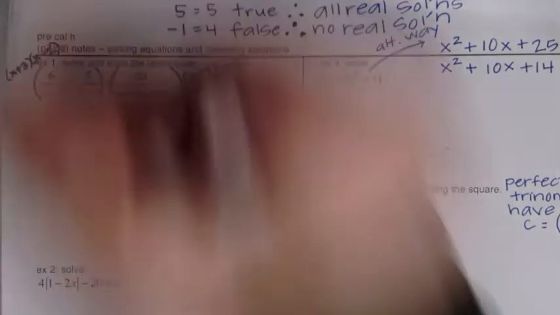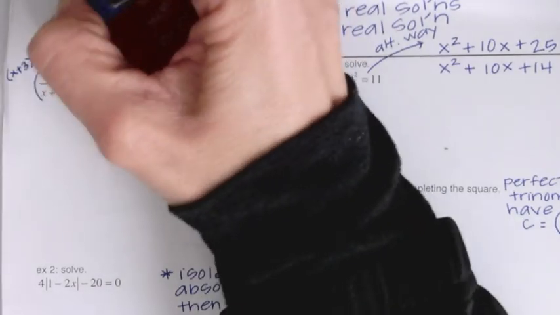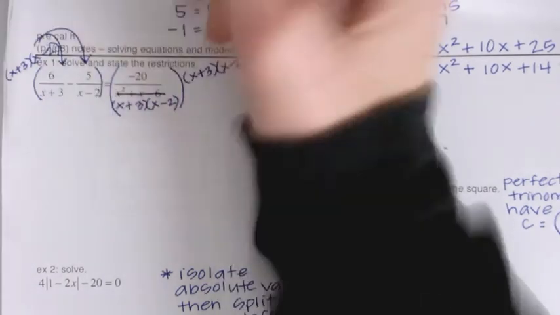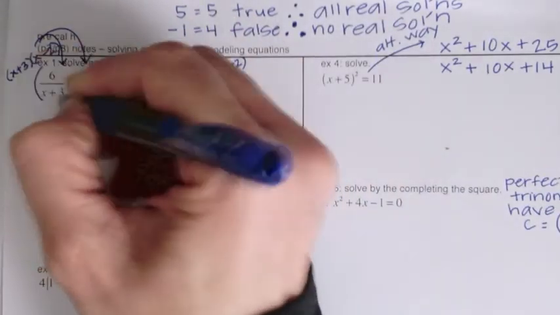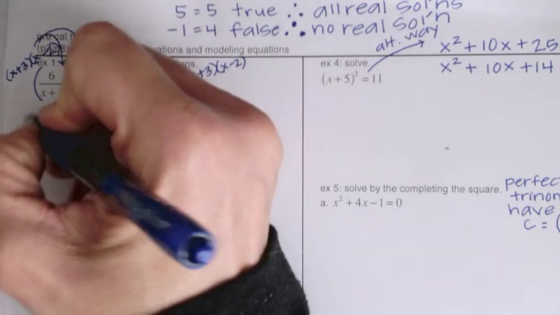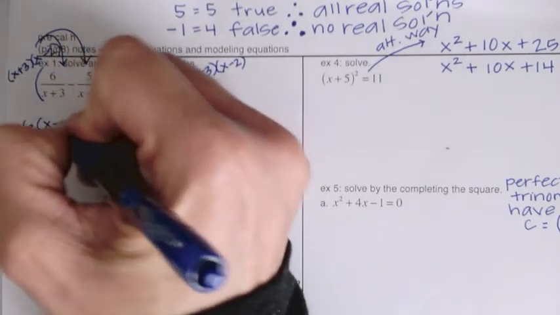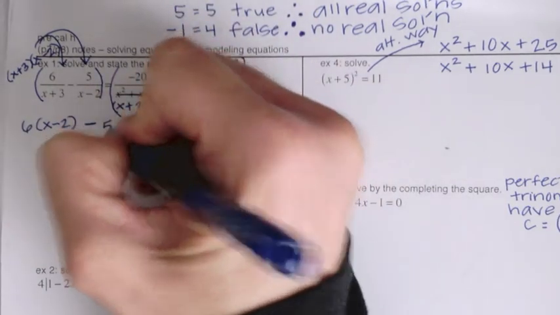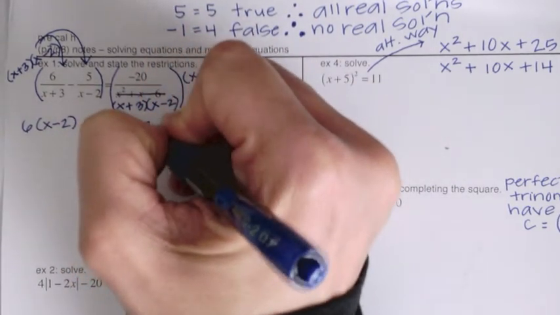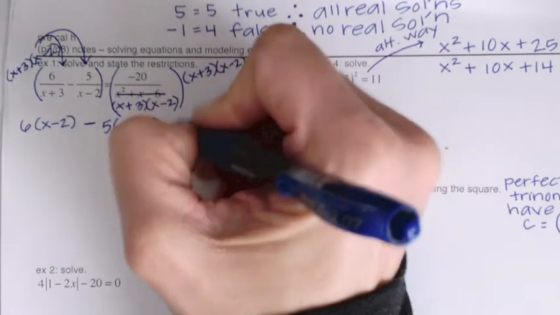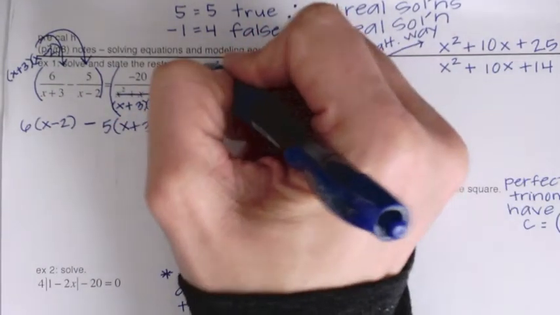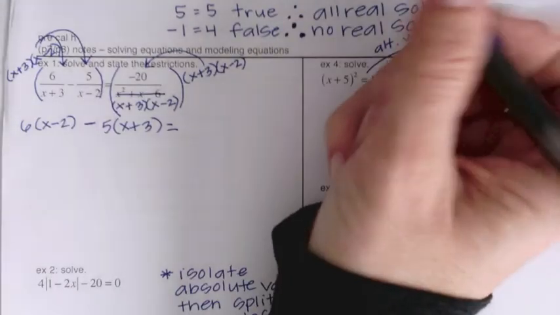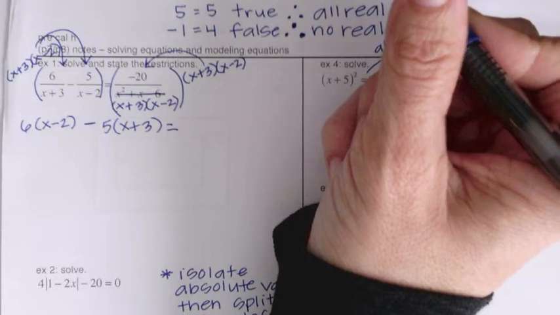And then what happens is in math, when we have two terms and we're multiplying, we have to distribute. So in this first fraction, the x plus 3's will cancel out, and I'll have 6 times x minus 2 minus, and in this one, I'm going to have 5 times x plus 3, because the x minus 2's will cancel. And so fantastic, when I do it to this side, there's only one fraction, so I only have to multiply.